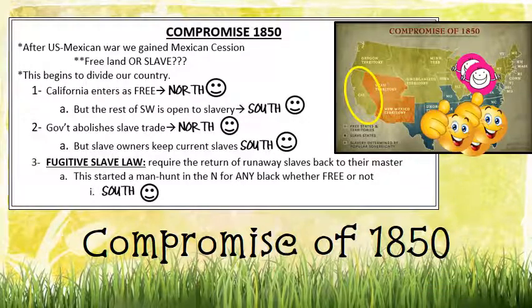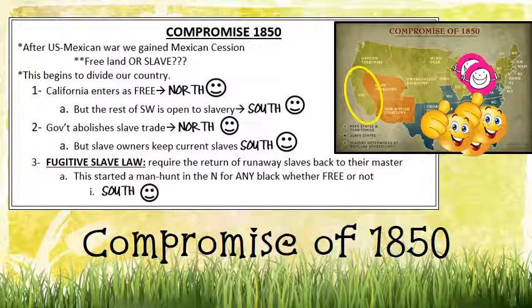Now the whole idea was to allow the South to keep their slaves, like it said in part 2, but it kind of backfired, and it allowed for just this overall manhunt. Now remember, there's free blacks in the northern states who were once slaves, but when the North outlawed slavery, they were told, okay, you're free, go get jobs and make money.